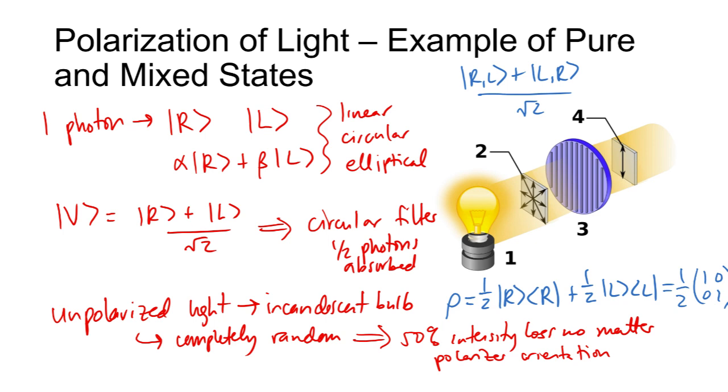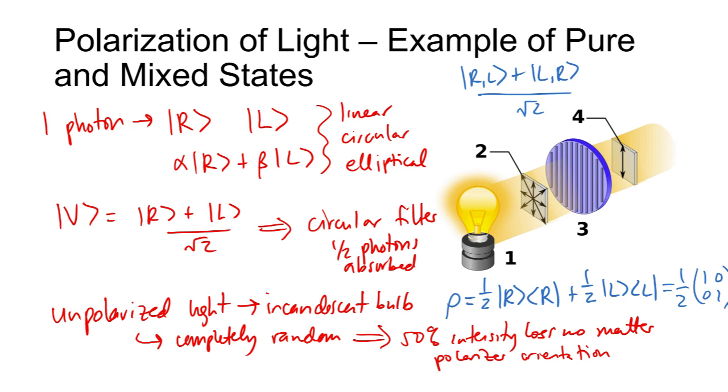Okay, so what happens when we talk about unpolarized light? Unpolarized light is like what you get out of an incandescent bulb, and the polarization state of our photons is completely random. So unlike polarized light, it passes through a polarizer with 50% intensity loss, whatever the orientation of the polarizer.